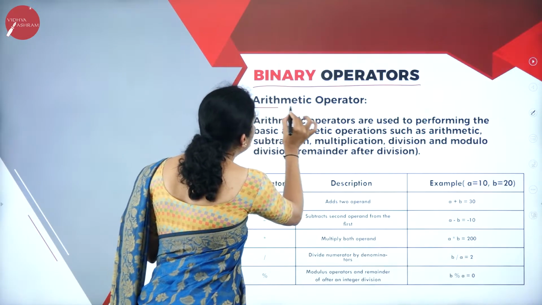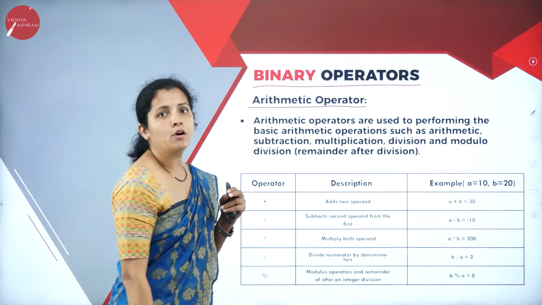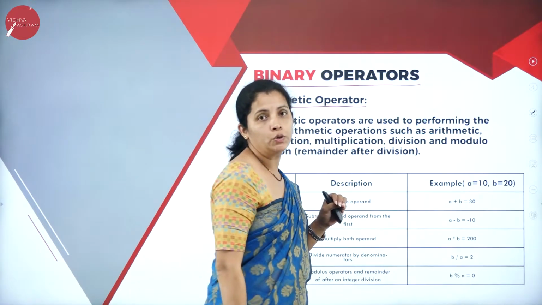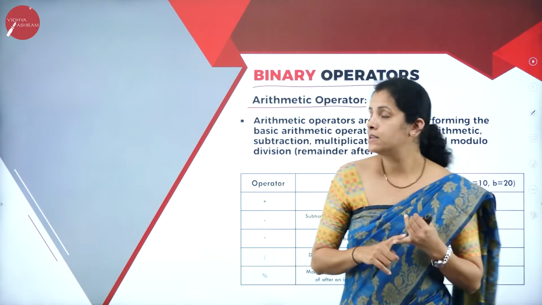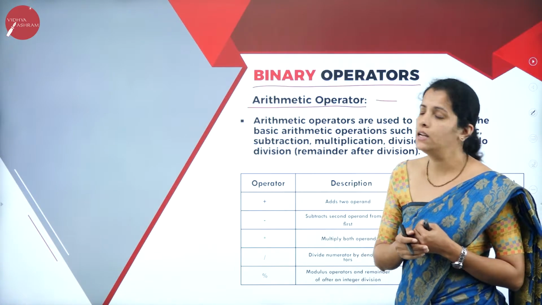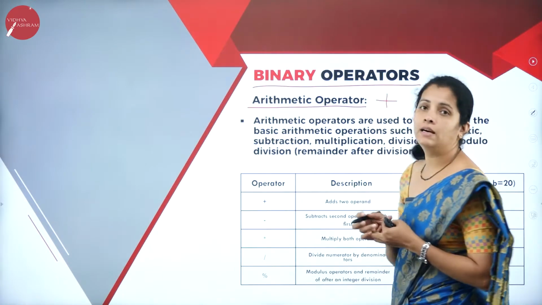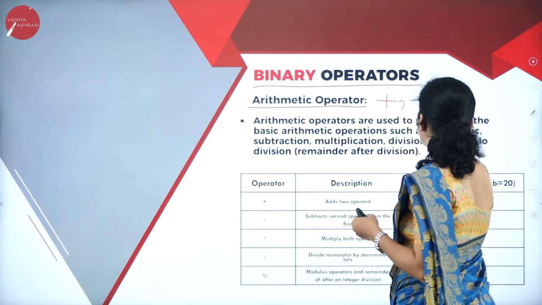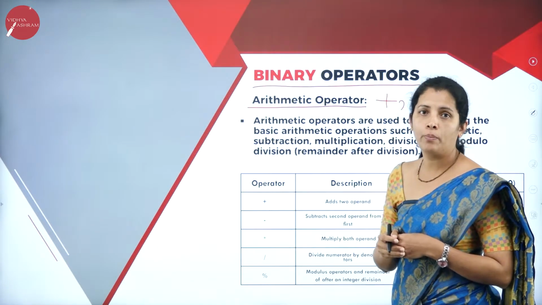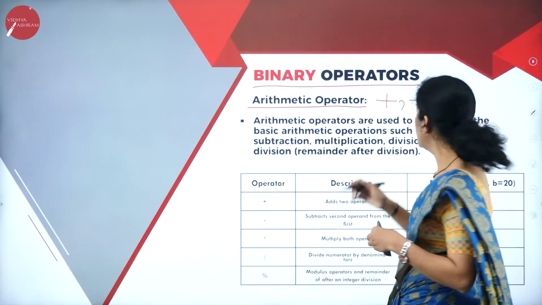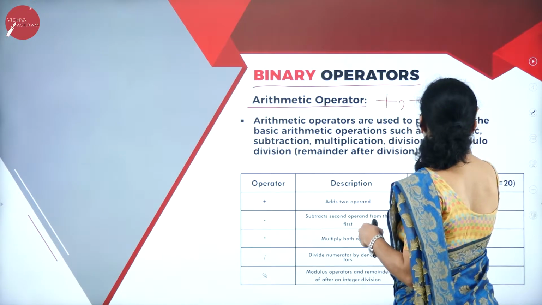Then we are going to have the arithmetic operators. So what are the arithmetic operators? I'm going to have plus. Suppose if I want to perform addition, then I'm going to have the plus operator. If I want to subtract, then I'm going to have the minus operator. If I want to multiply the numbers, then I'm going to have star.